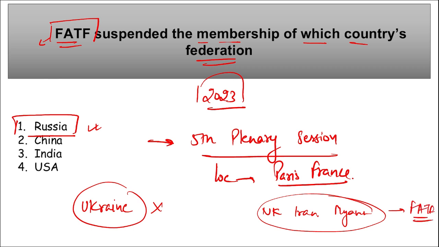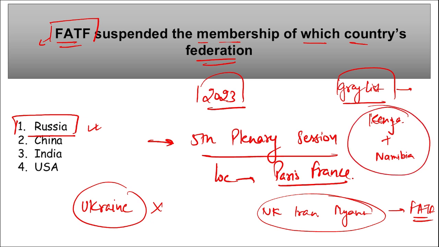Then if we talk about the grey list, which are the two new countries? The grey list is a list of countries released by FATF, and it contains the names of those countries that are doing terror financing. And recently Kenya and Namibia, these are the two countries that were recently added to this grey list of FATF.